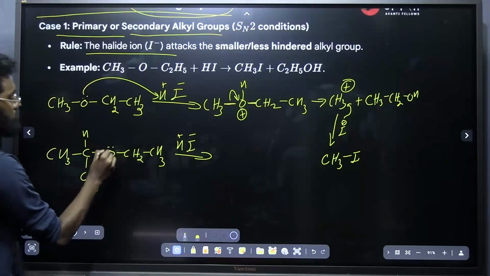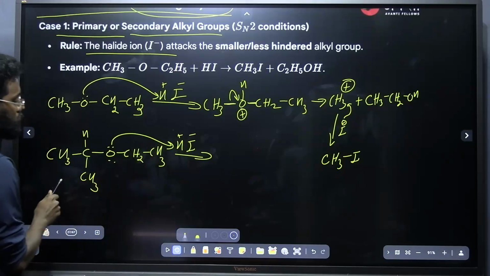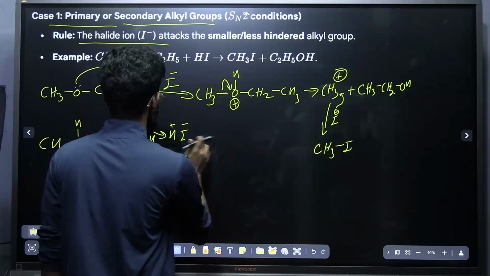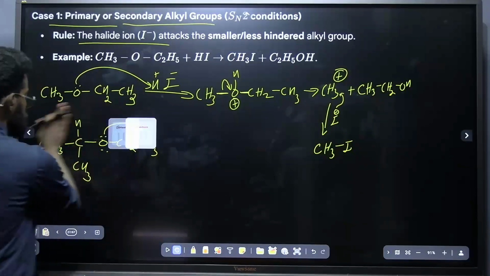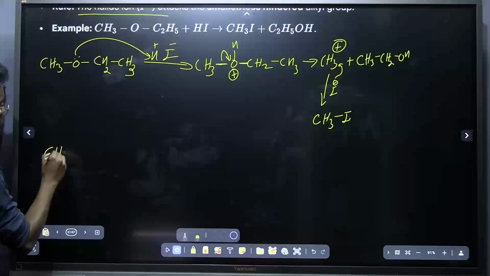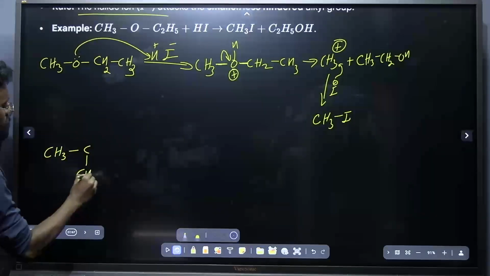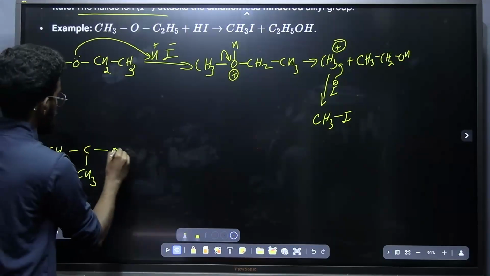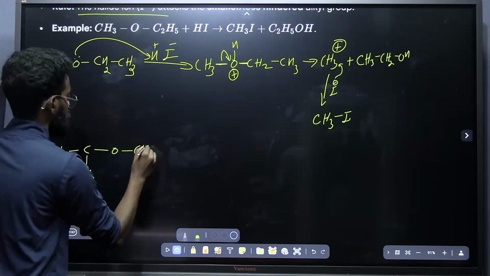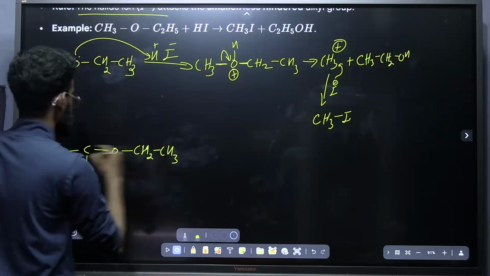Here the first step is this lone pair will be attacking on the proton, resulting in the formation of a protonated ether. Okay, I will be writing it a little bit lower. CH3 C CH3 O CH2 CH3.